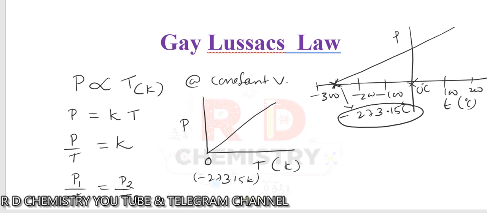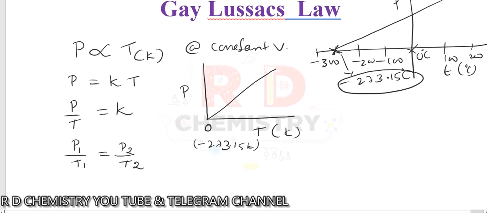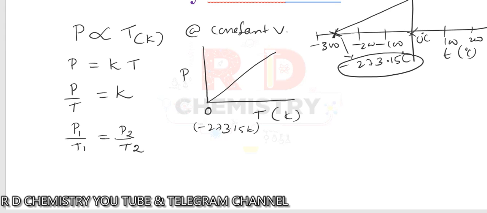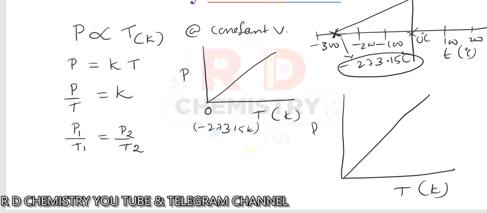Okay, now if I want to plot for different volumes, let me take the temperature in terms of the Kelvin scale and the pressure here. We'll get a straight line passing through the origin, but let this be at volume V1. Let me take somewhere here one constant temperature.